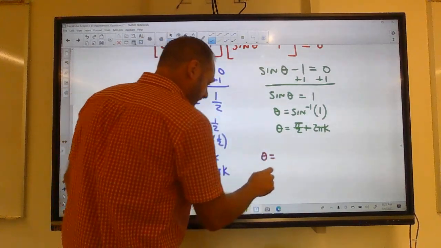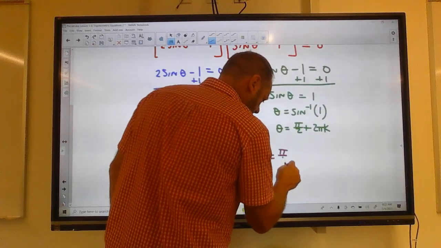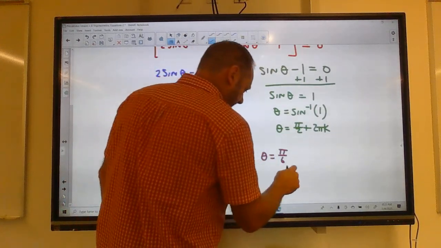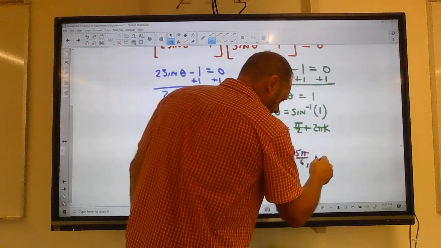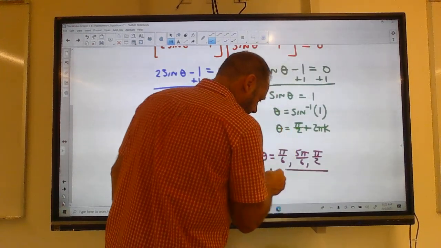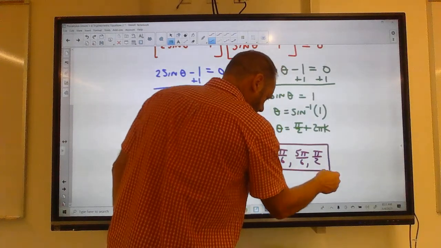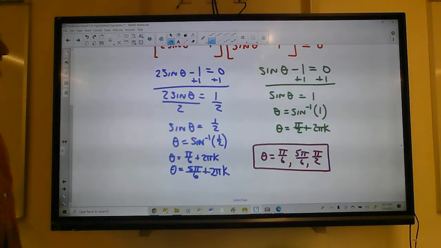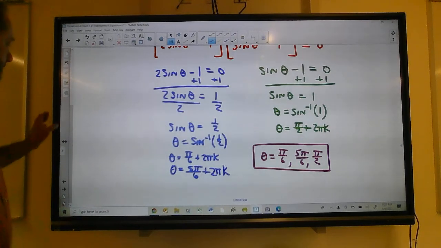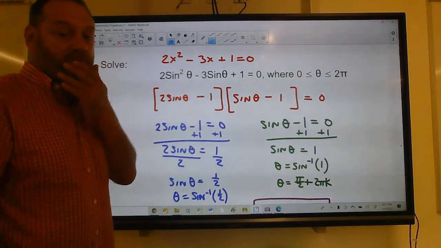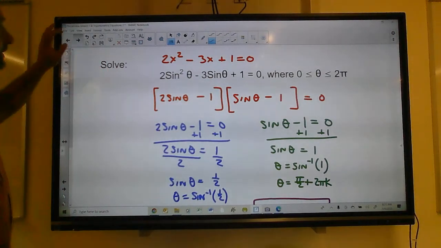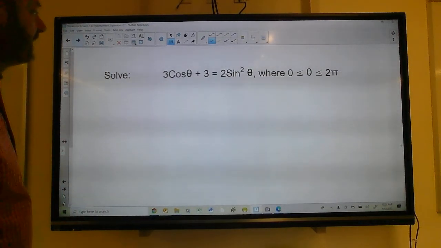Theta is going to equal pi over 6, 5 pi over 6, and pi over 2. And we're done. So you're going to treat these just like a quadratic equation.